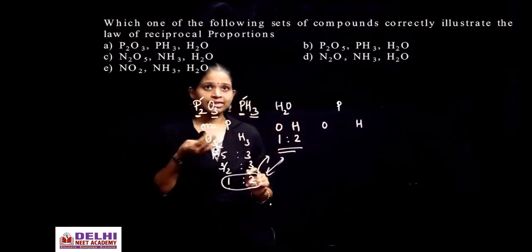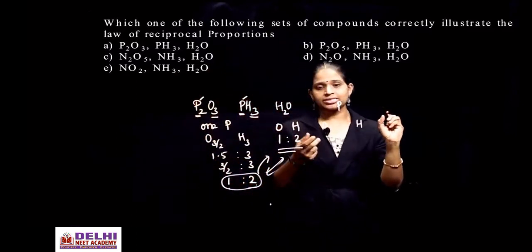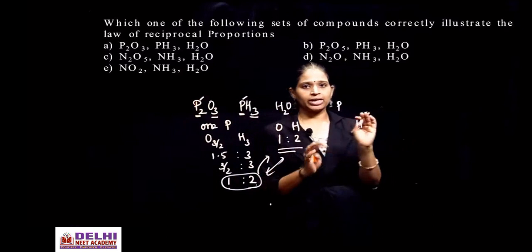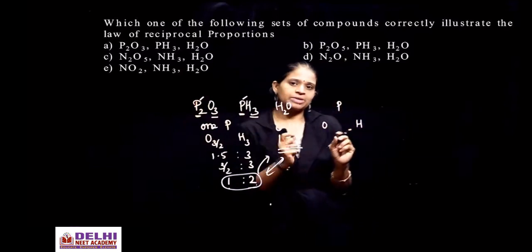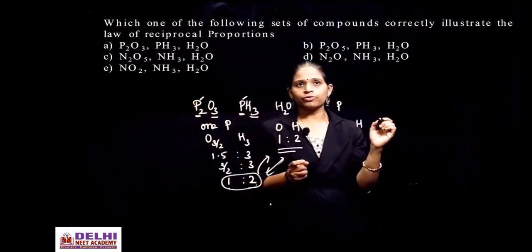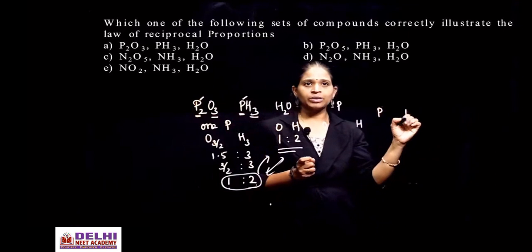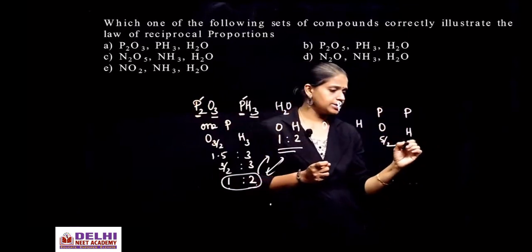For you to understand, let me go with the next option also. How can I explain why B, C, D, E are not the answer? Let me explain that by taking option B alone. I have P2O5. So phosphorus, again one phosphorus, I have oxygen 5/2 and hydrogen 3.